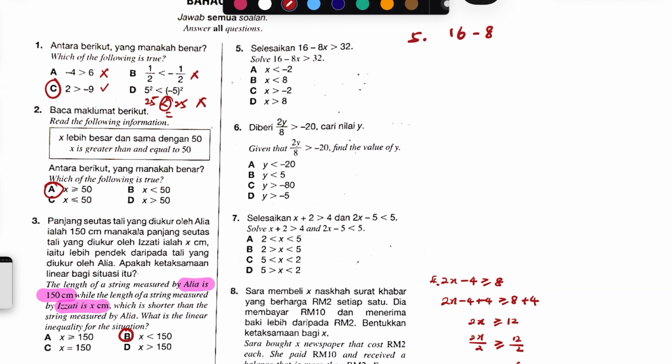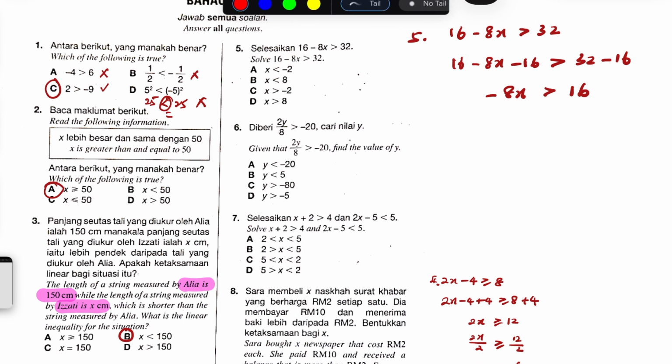Inequality as well. Minus 8x minus 16 greater than 32 minus 16. Adding 16 and subtracting, we get negative 8x greater than 16, because 32 minus 16 is 16. After that, I want to get x only, so I need to divide by negative 8.